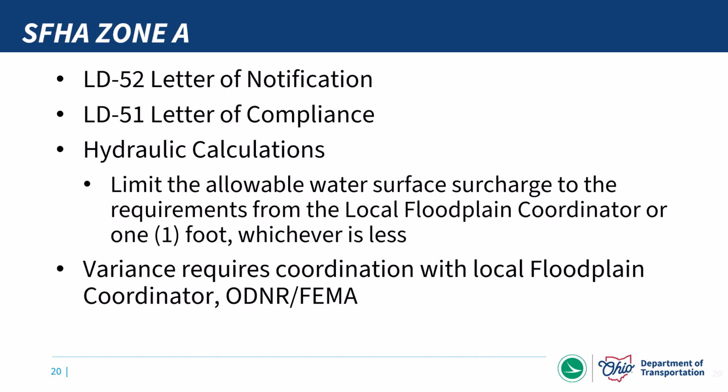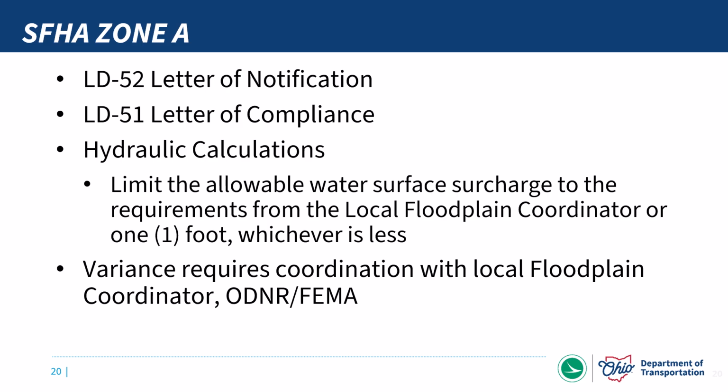If you have a FEMA Zone A, now FEMA Zone A is an area that has a defined floodplain, but it hasn't gone through a high-level hydraulic analysis. So it has much less stringent requirements than a FEMA Zone AE, which we will see next.